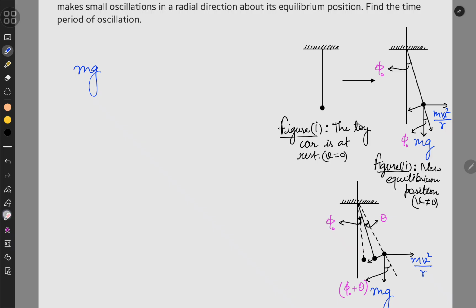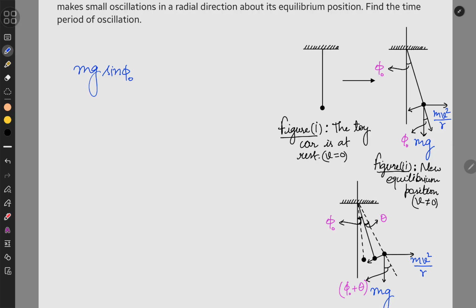Its component which will try to restore it will be mg times sine of phi naught, where phi naught is the angle between the vertical and the new equilibrium position of the pendulum. Here I don't need to consider the torque, I only need to talk about the force.